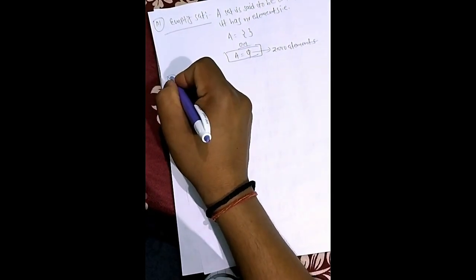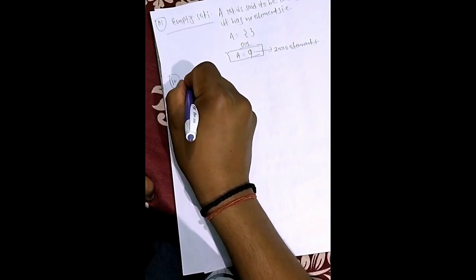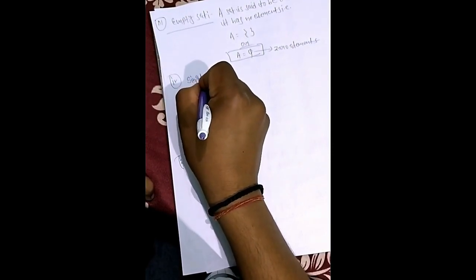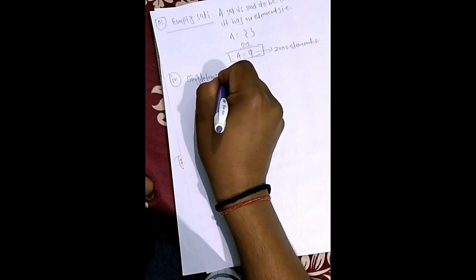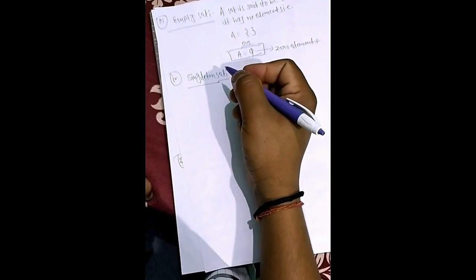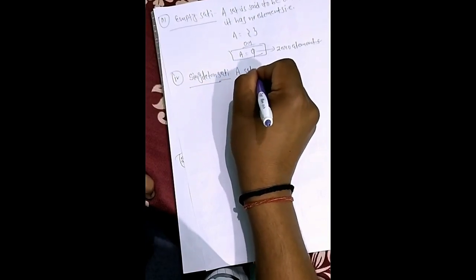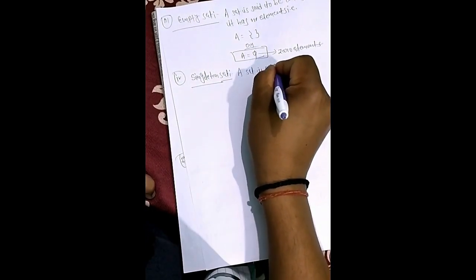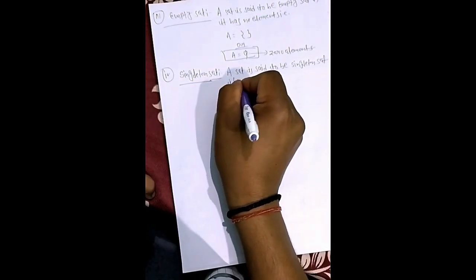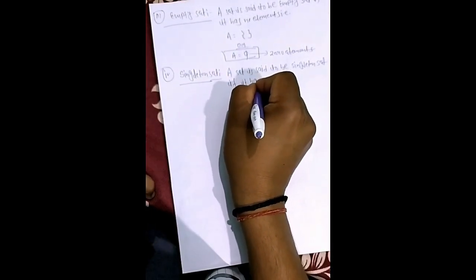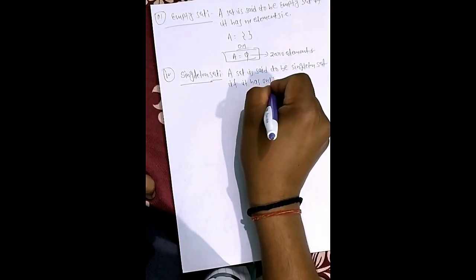Fourth number, singleton set. Singleton set is very easy. A set is said to be a singleton set if it has only one element.